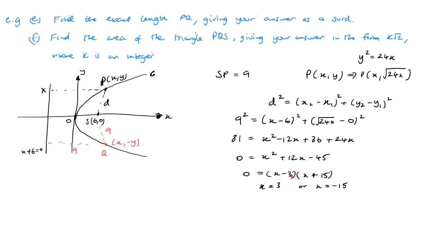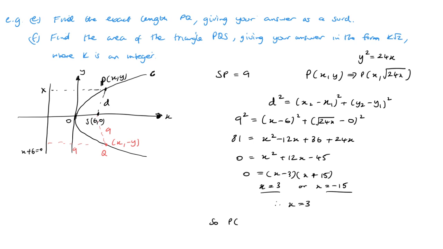So that is that factorised, but I use my calculator to essentially cheat. So we've got two possible answers, but only one of them is correct. We can't have the negative x, because that will be over this side. It's the positive x. Therefore, x equals 3.